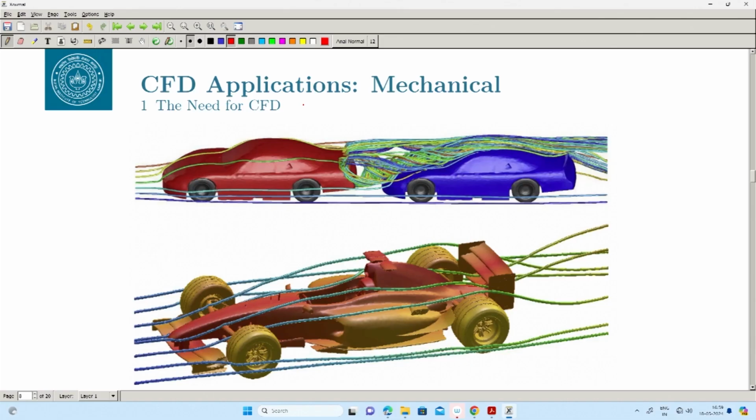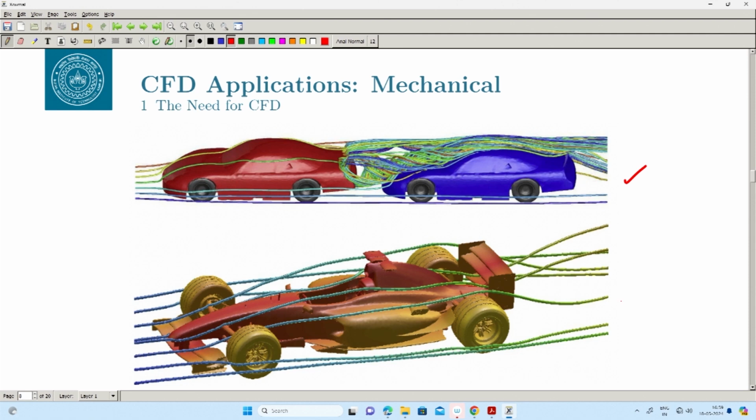So, this is aerospace, and then we have mechanical applications, and there are plenty of them, from the design of a pump to the design of a compressor. Every single thing where you have fluids, you use CFD. This is just one example shown, a Formula 1 car. On top you have a car behind a car, and you see how the wake of the first car is affecting the flow on the other car, right.